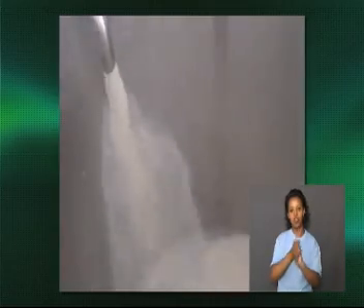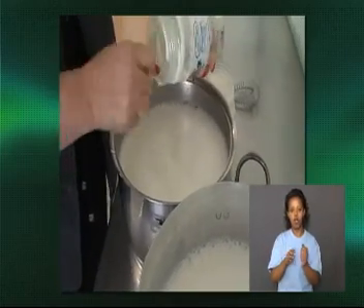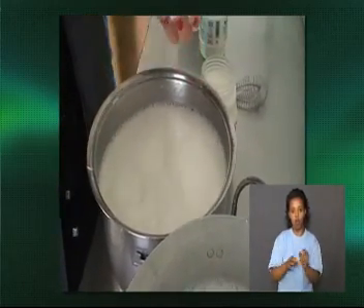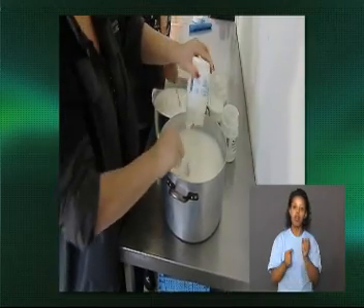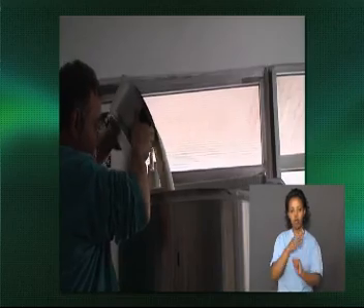Let us look at the example of yogurt. Yogurt is made by fermenting milk with bacteria. The milk sugar, or lactose, is fermented by bacteria such as Lactobacillus bulgaricus.